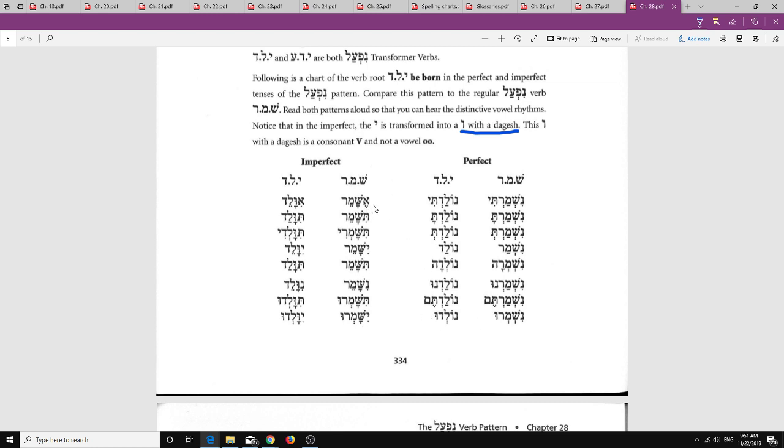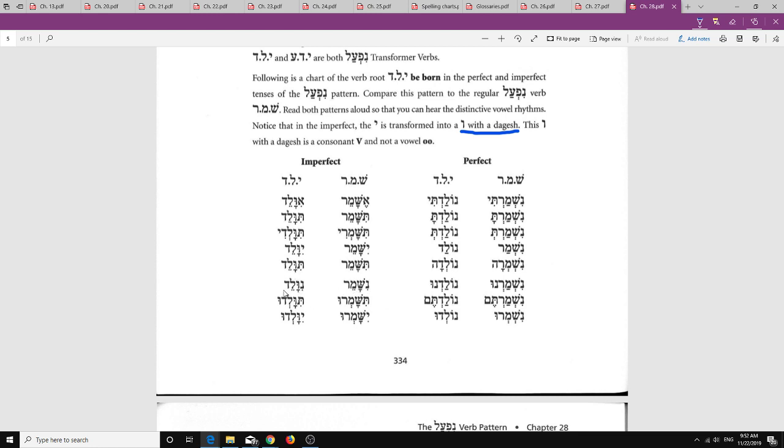Okay, then over here in the imperfect, we have eshomer. So again, we know this is niphal from our three distinct vowels, our dagesh in the first root letter. So eshomer, evaled. Tishamer, tivalade. Tishamri, tivaldi. Yishamer, yivalade. Tishamer, tivalade.